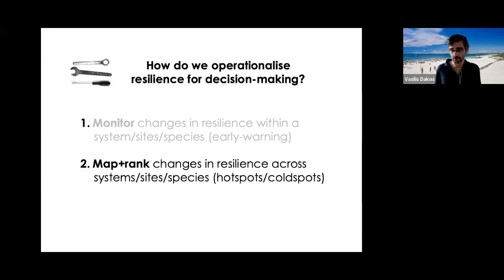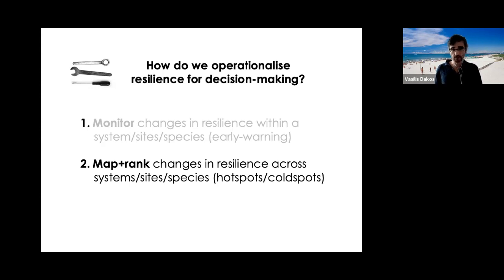And of course, that has to do with the availability of the data to some extent. But that availability of the data can be overcome when we try to look at changes or differences in resilience across space.